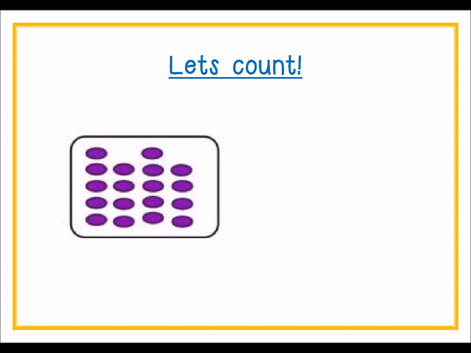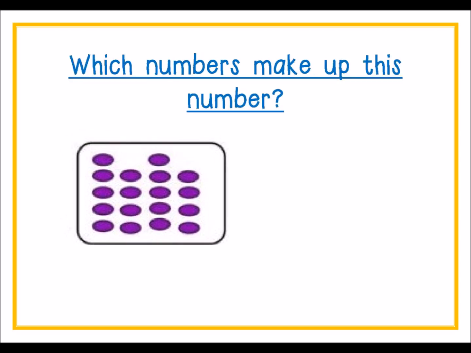Let's count together. 1, 2, 3, 4, 5, 6, 7, 8, 9, 10, 11, 12, 13, 14, 15, 16, 17, 18. Our answer is 18. Did you get that right?